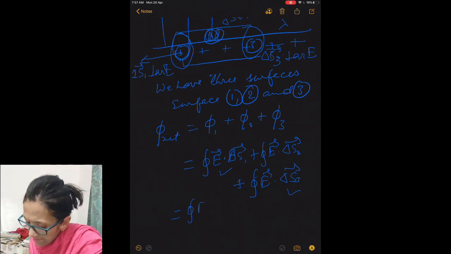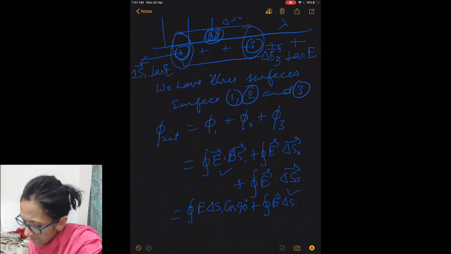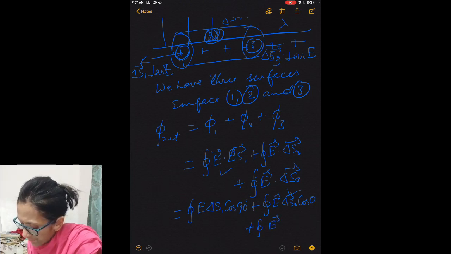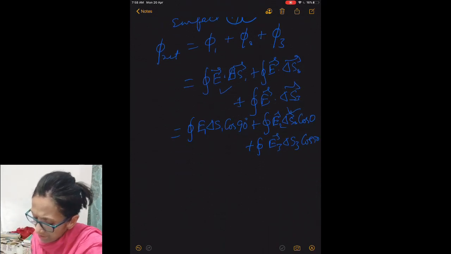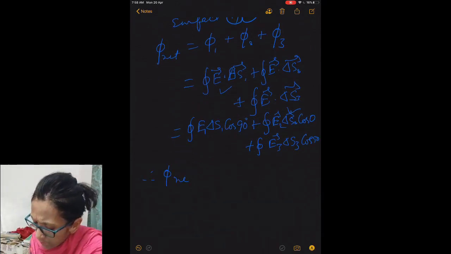Here let me write E del S1 cos 90 plus surface integral of E del S2 cos 0 plus surface integral of E, whatever E be there, I don't know what is the E over there. Let it is E1, E2 and E3. Del S3 cos 90. So the two terms become 0.